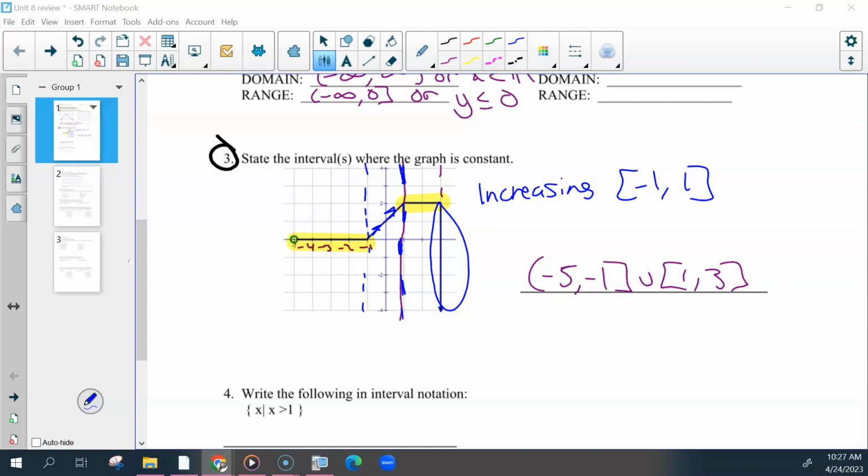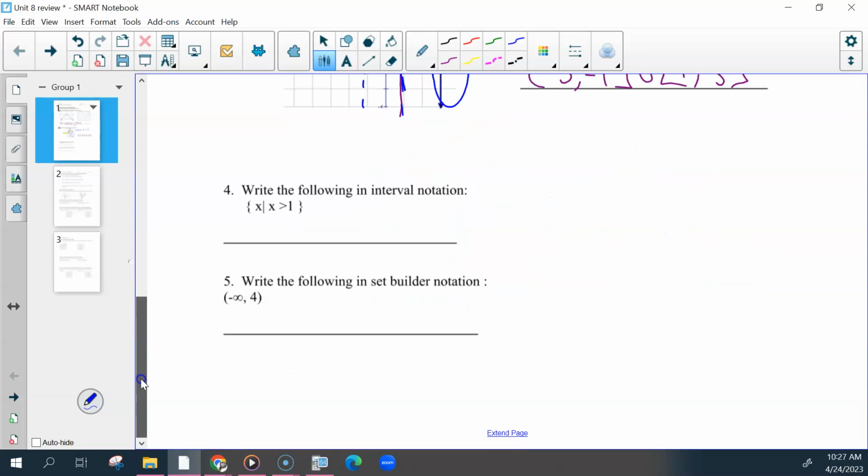Do we have any other questions in this objective? 4. So these are just rewriting it as the other notation. So here we're given set notation and have to write it in interval notation. So you have to think about where would this start and where would this end.